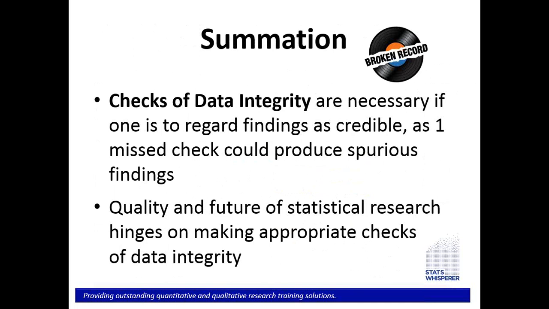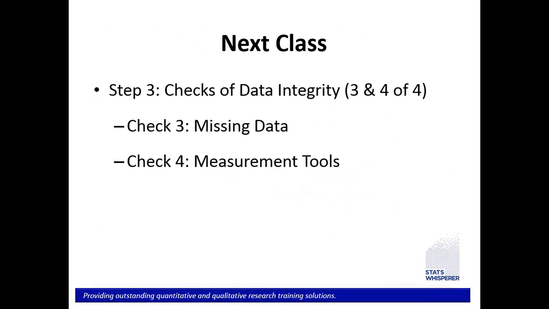The quality and future of statistical research hinges largely on making these important checks of data integrity. You'll see they're largely neglected. It's hard to find a published article that actually mentions each one, even where it's appropriate to, which is most of them. Right? So next class, steps 3 and 4, missing data and measurement tools within checks of data integrity.